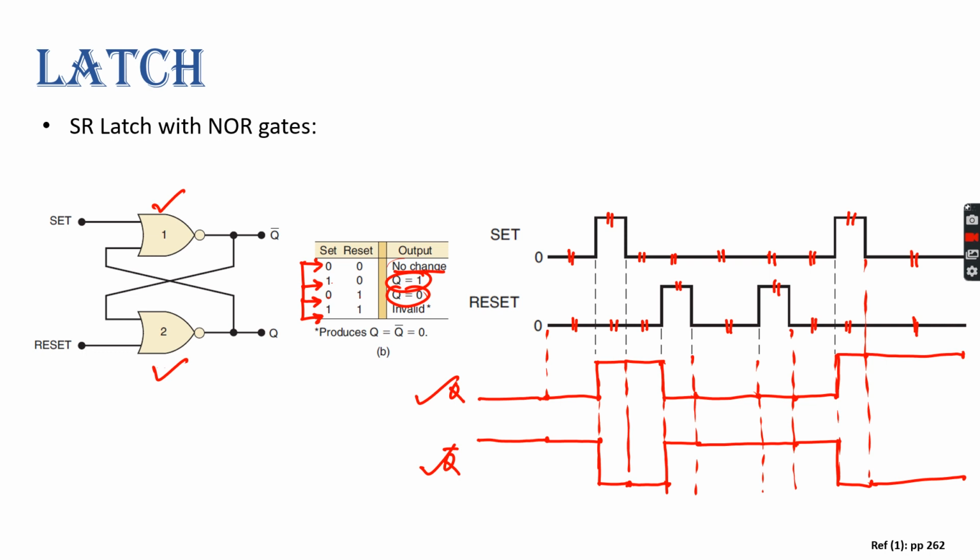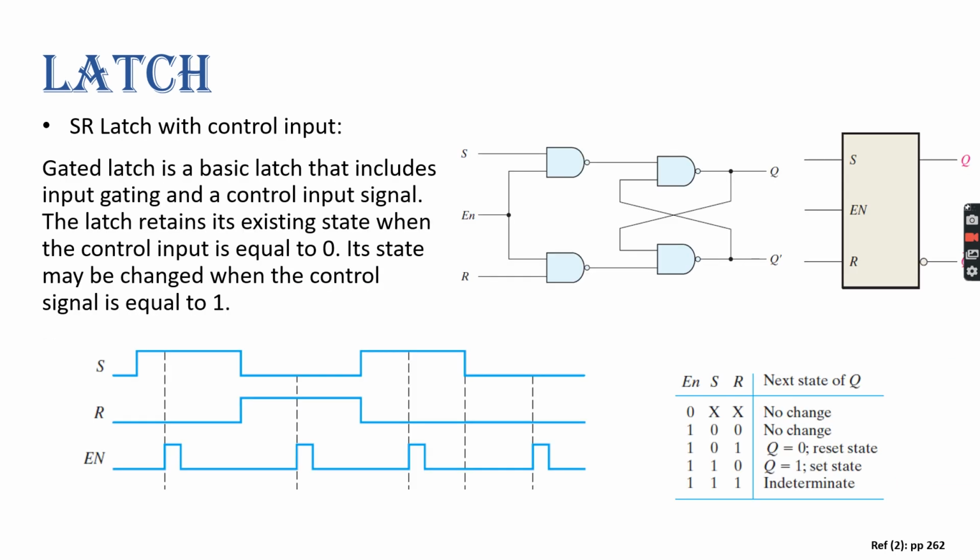No, sir. Okay. So now, previously we saw the latch that has two inputs, S and R, and two outputs, Q and Q bar. But in order to have more controllability, we can add another input which is called the enable input.